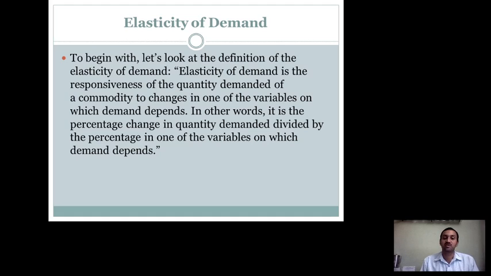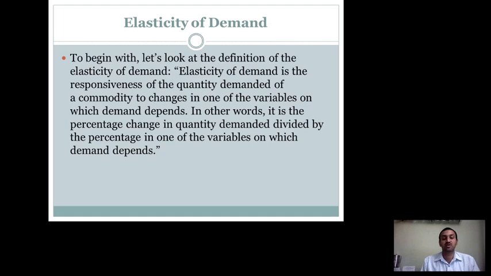So here the responsiveness or the changes of demand of a commodity by changes in one of the variables on which demand is dependent is known as elasticity of demand. In simple words, it is the percentage change in quantity demanded divided by the percentage change in one of the variables on which demand depends.